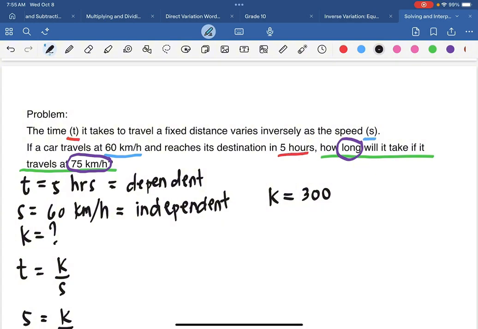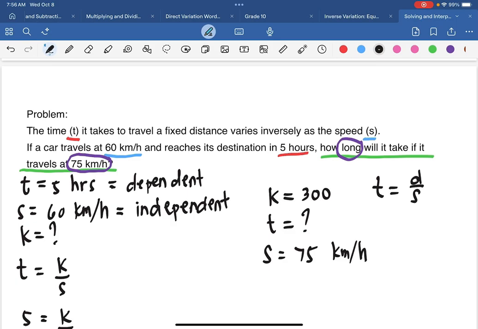And by the way, k here, or the constant, is our given distance, because the original formula, when we talk about time, distance, and speed, would look like this: time equals distance over speed. Anyway, going back to the real deal. So t here for the second part is missing, and s is 75 kilometers per hour.